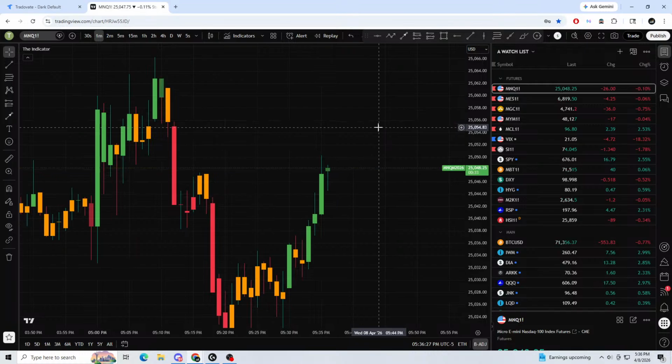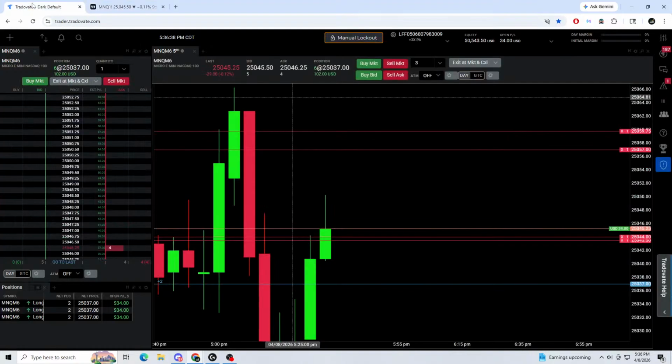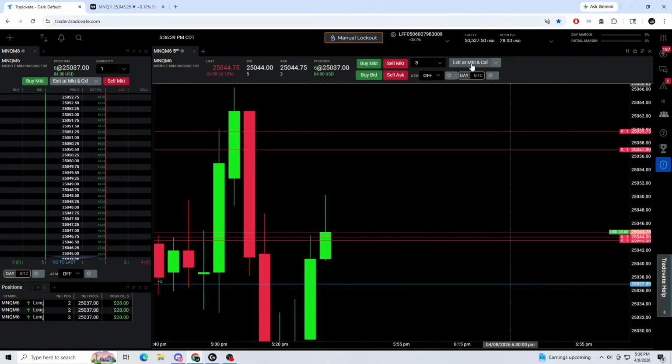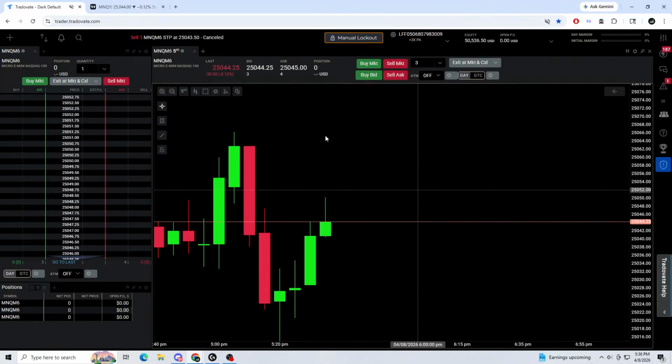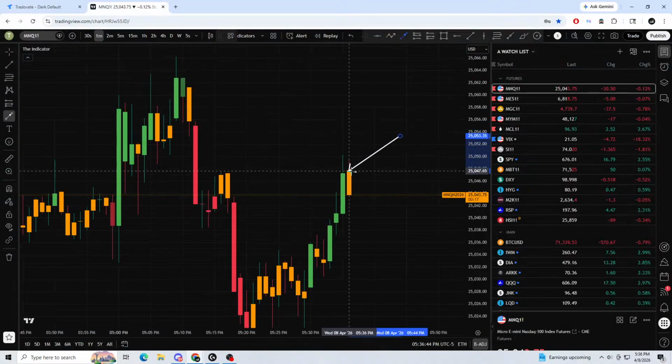Okay, it's holding. We're just going to take it right there. The reason we're exiting is because of this orange candle here.